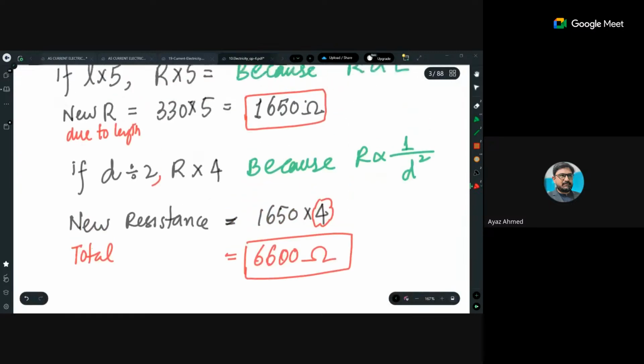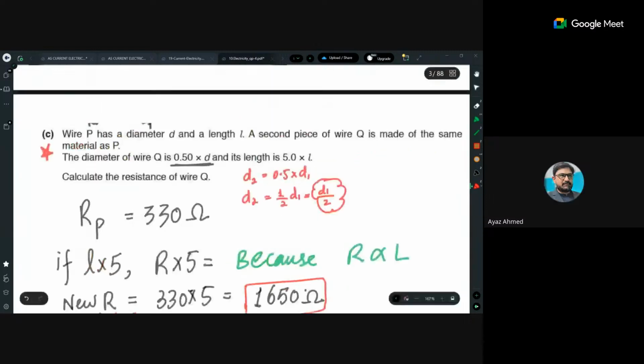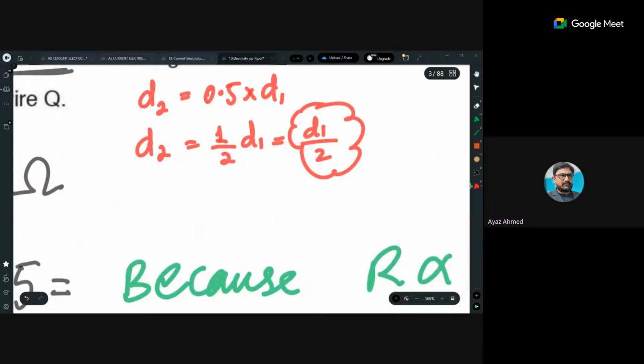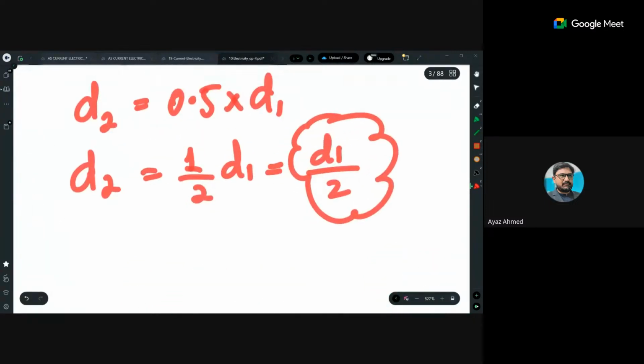Ans, is it clear, beta? Ans, Zainab, Mariam, Khadija. Sir, what did you just do? I just finished the question. No, I'm saying the diameter. What did you do with the diameter? Diameter half. Yes, just check it. The new diameter is 0.5 times the previous one.